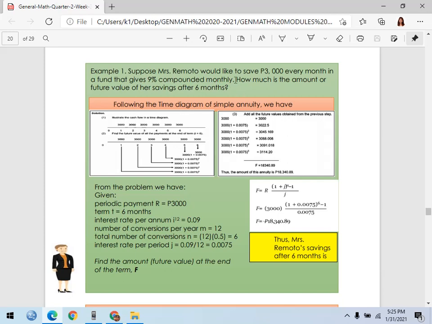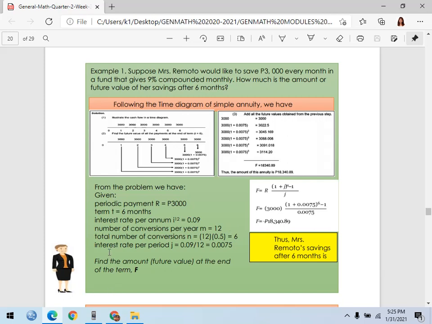So since monthly siya nakalagay, therefore number of conversions per year is 12. And the total number of conversions, and total number means kung ilang beses siya magbabayad total term or the whole term. So kung 6 months yan and monthly siya nagbabayad, therefore we have 6.